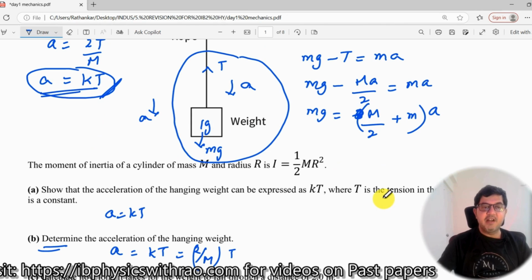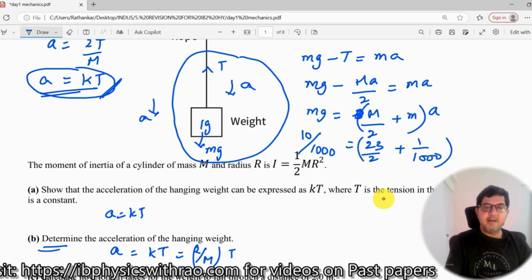Now I should just substitute the values here. This is 1 by 1000 because it's 1 gram, so I will write this as 10 divided by 1000. I will consider g to be 10. This should be 23 divided by 2 plus 1 by 1000 multiplied by a.